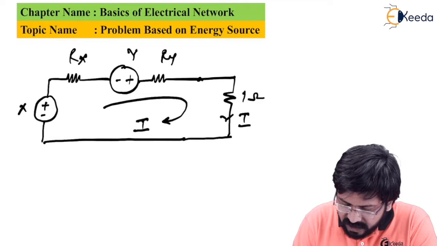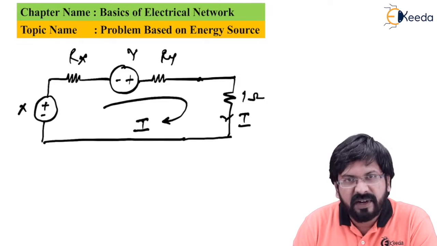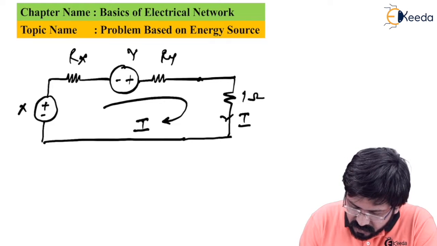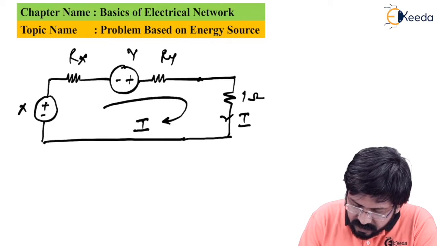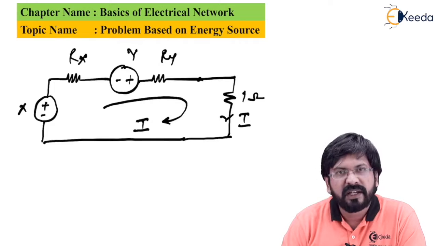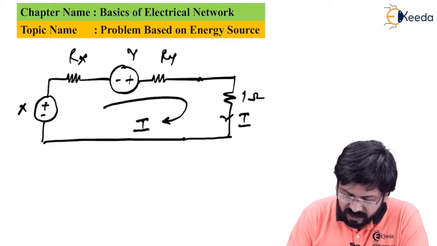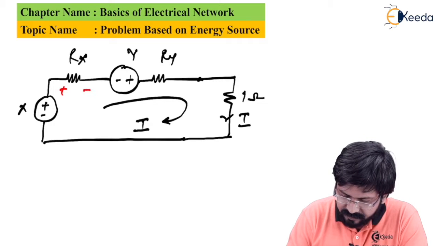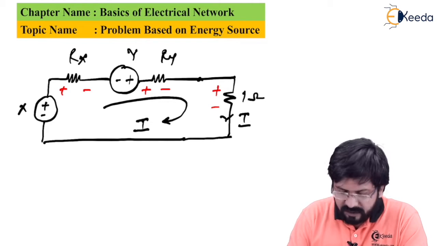Now if I apply KVL over here, I can find the value of I. Let me give the polarity across Rx and Ry like this. So let's apply KVL.